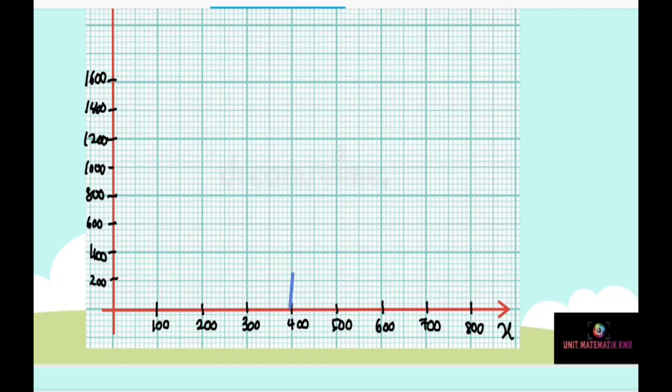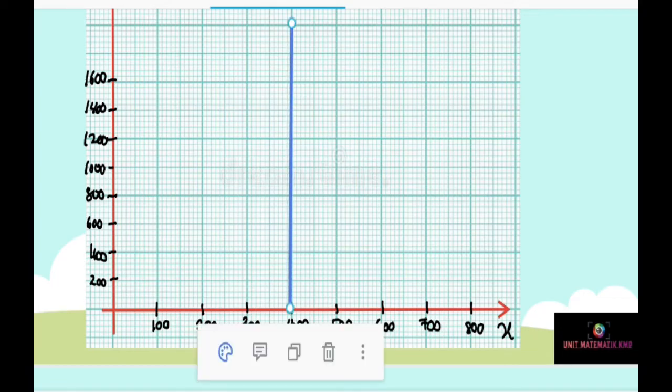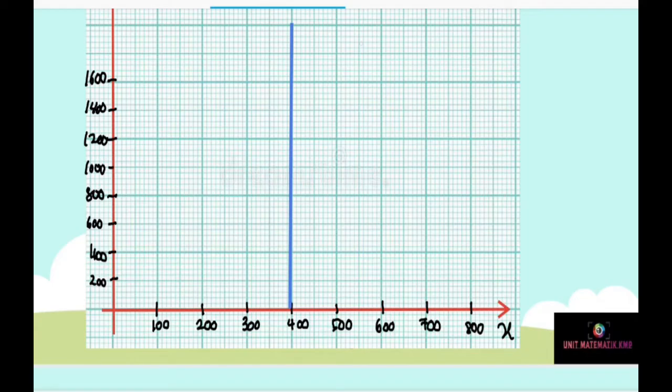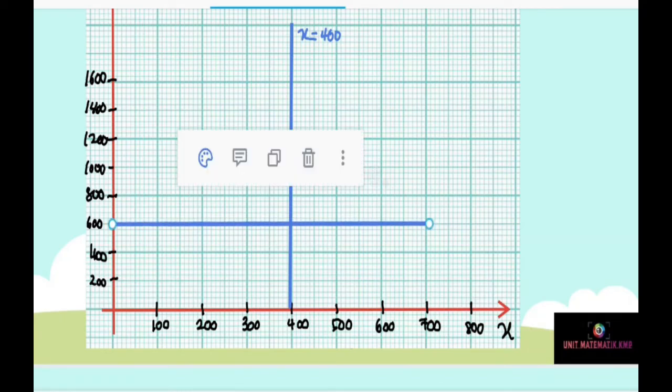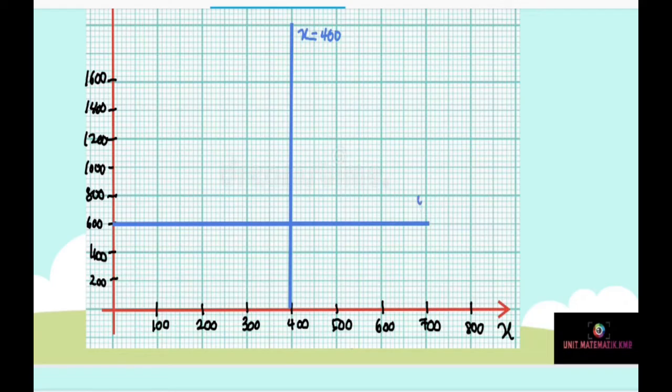Then we have y equals 600, which is a horizontal line, and x equals 400 is a vertical line.